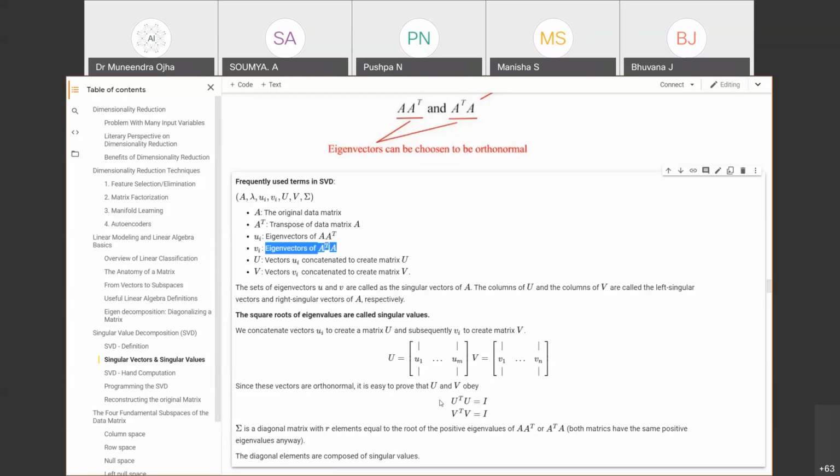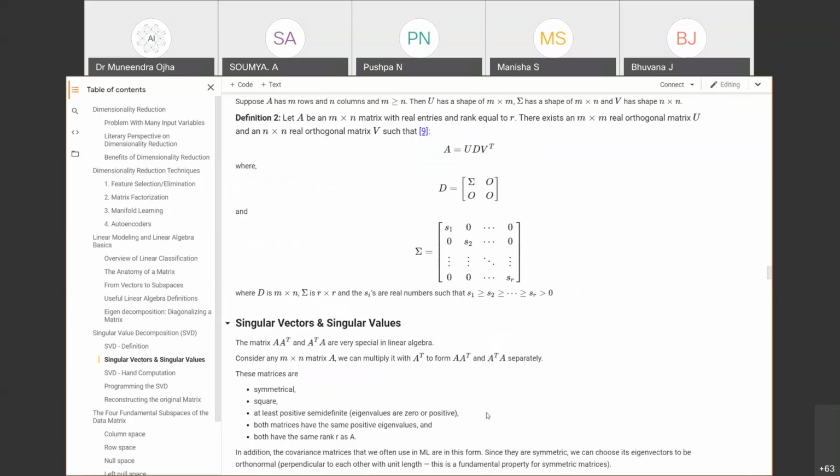Now, we will get these matrices U and V. We will immediately observe that they are orthogonal, such that their vectors are orthonormal, and it will be very easy to prove that U transpose U is equal to the identity matrix and V transpose V is equal to the identity matrix.